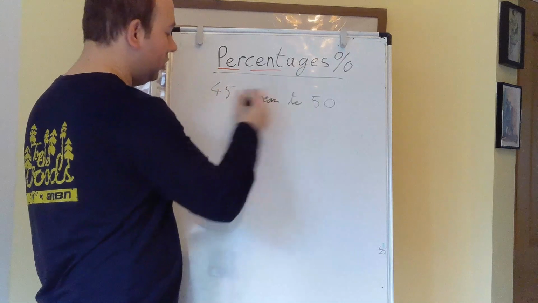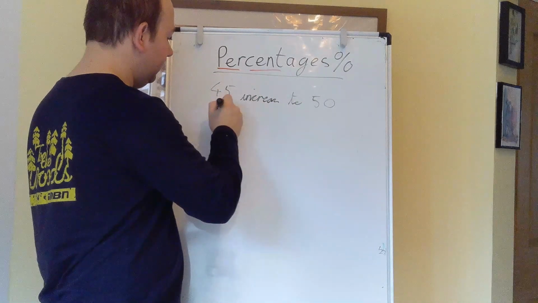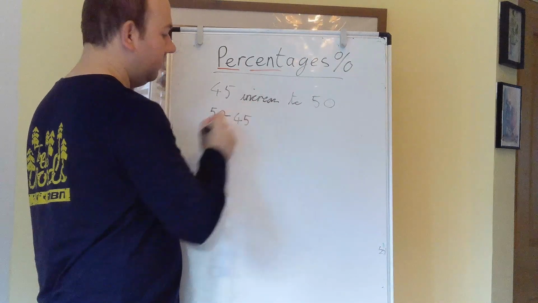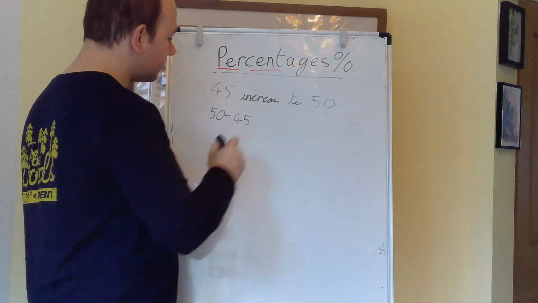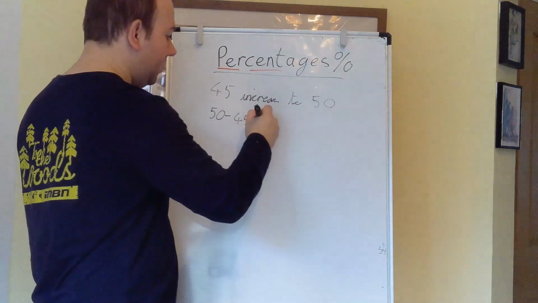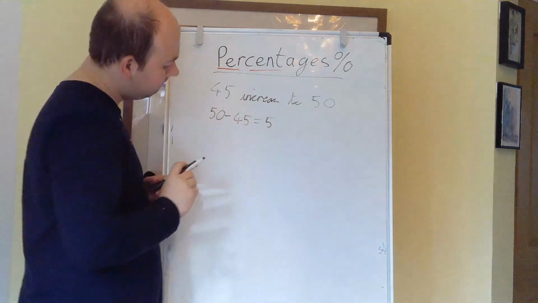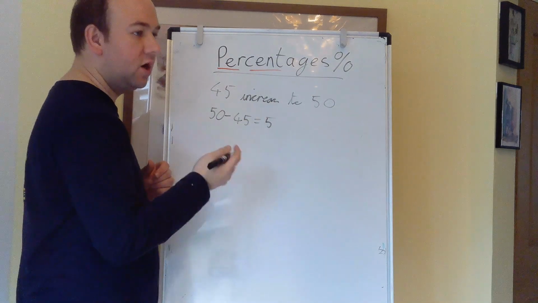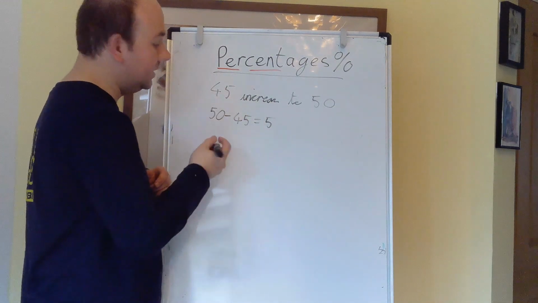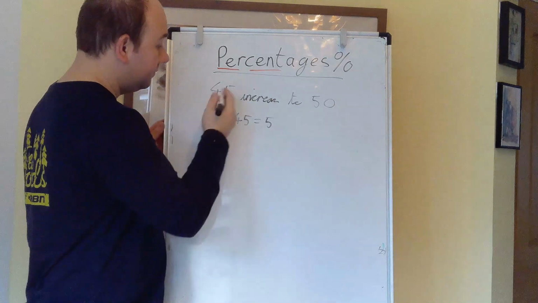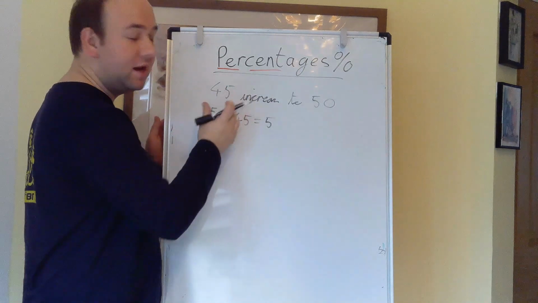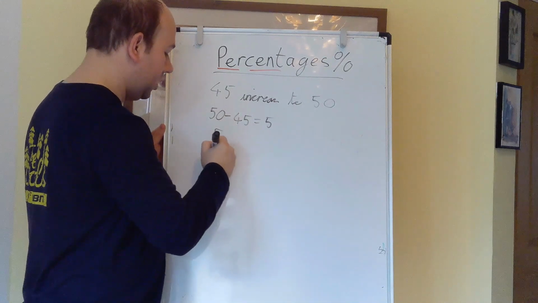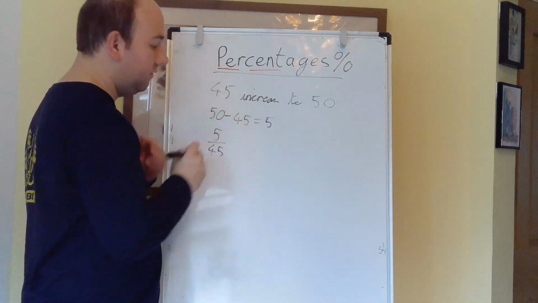So you take your number, which is 50, you minus the 45, which is equal to 5. So this is the difference, and then you put it over the original number, which is what you started with. So you're looking at it in relative terms. So you have 5 over 45.